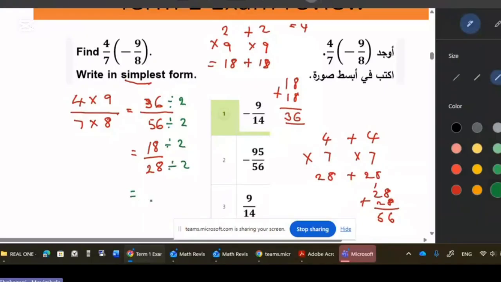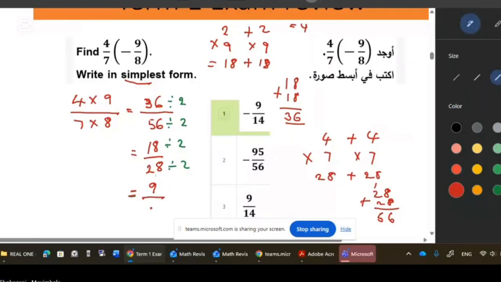We just want to try to show you to make it the easiest way. Now, what is 18 divided by 2? 9. I'm saying too quickly. What is 28 divided by 2? 14.